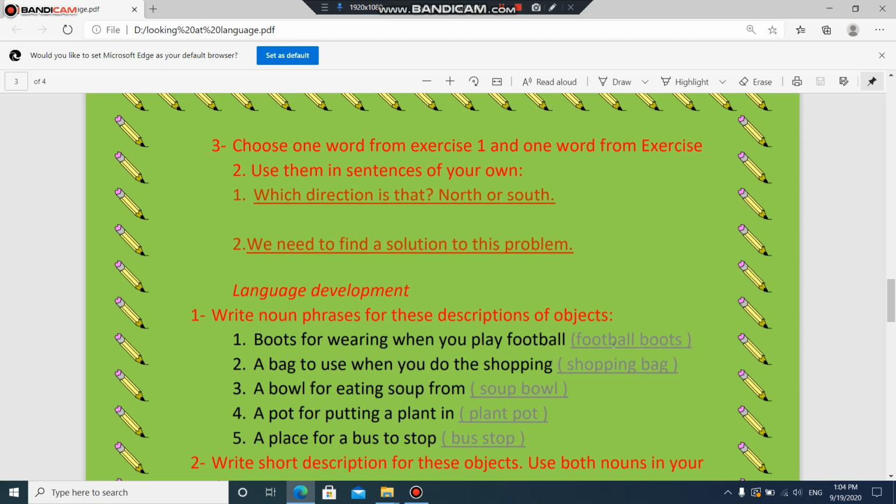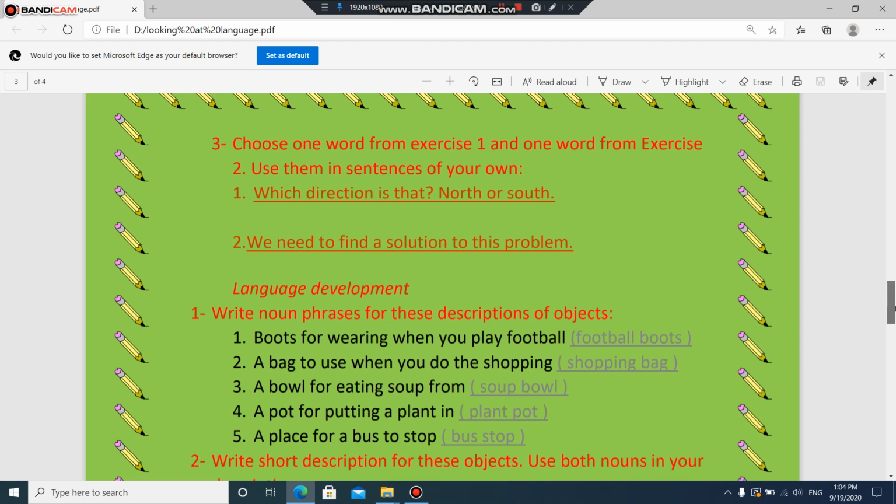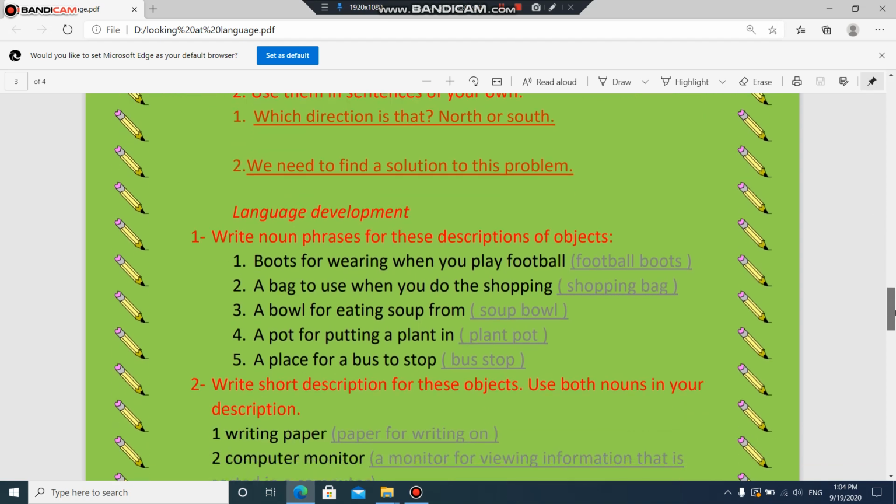Football boots. If I ask you what does football boots mean, you tell me boots for wearing when you play football. Shopping bag, a bag to use when you do the shopping. Okay, soup bowl, a bowl for eating soup from. And so on, guys. Okay, bus stop, place for a bus to stop.